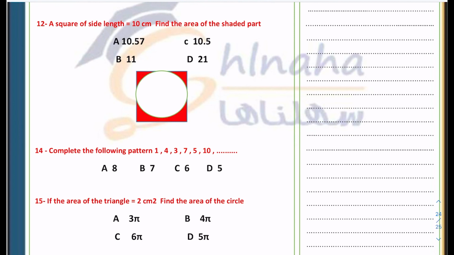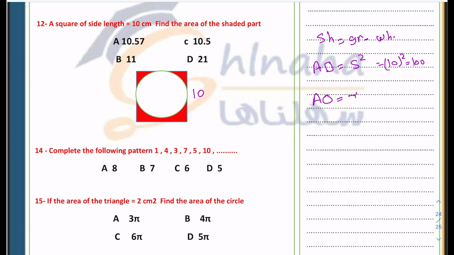Question number 12. If the length of the side equals 10 centimeters, find the area of the shaded part. Always the shaded part equals the greatest minus the white part. The greatest is a square. Area of a square equals side power 2, which is 10 power 2 equals 100. Now, the white part is a circle.